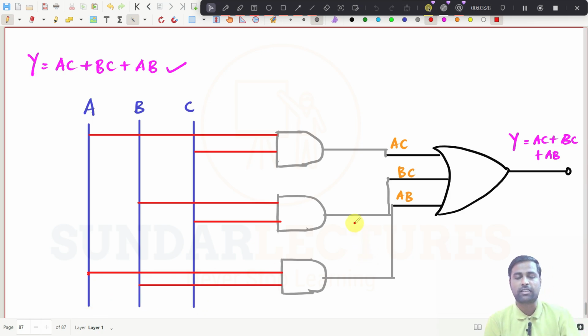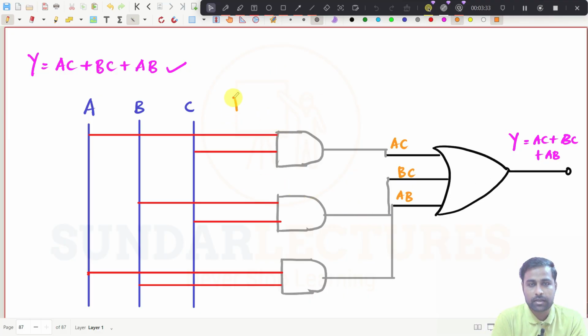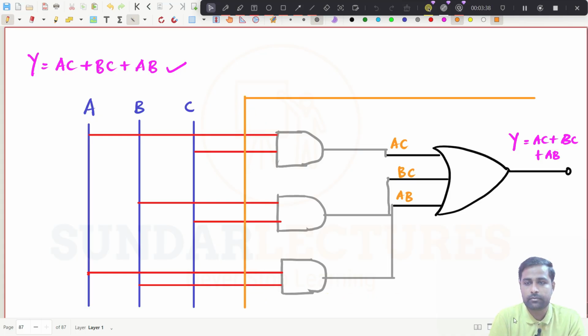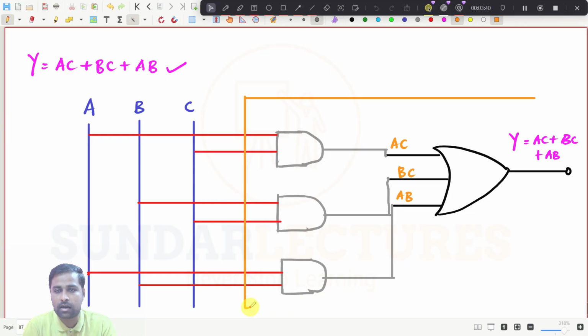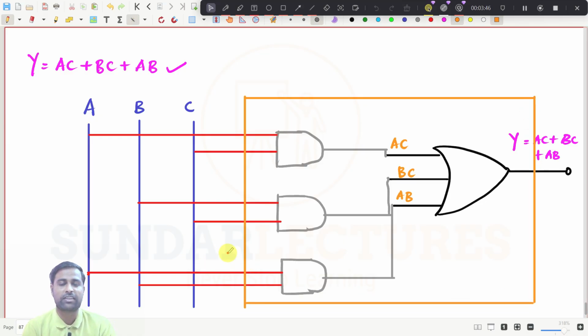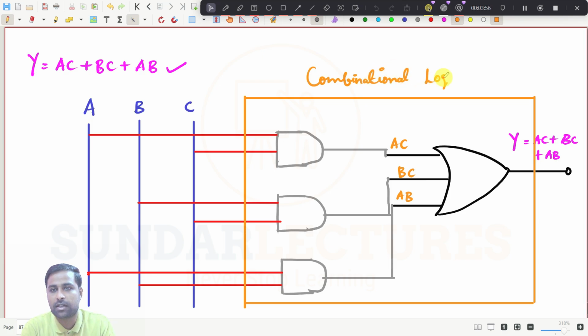That's all. See here, what is this one actually? I will just put this one up to this one. I can draw like this. What is this one now? This is nothing but a combinational logic circuit. This is output Y. This is the input ABC.